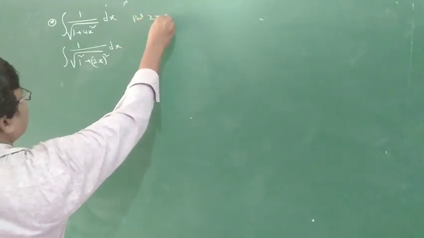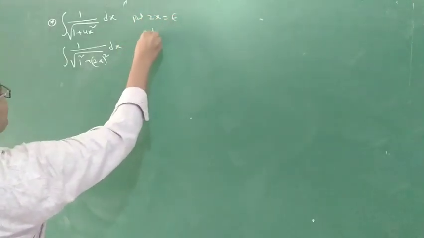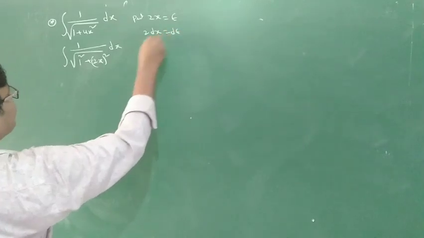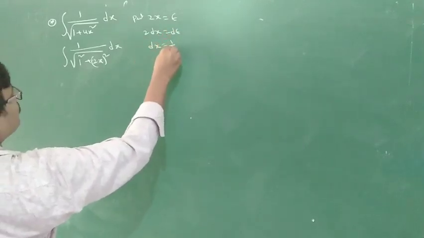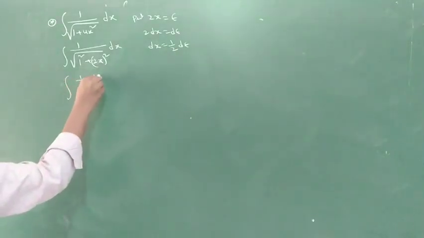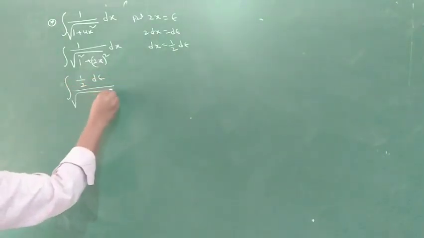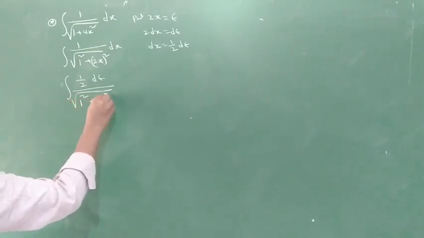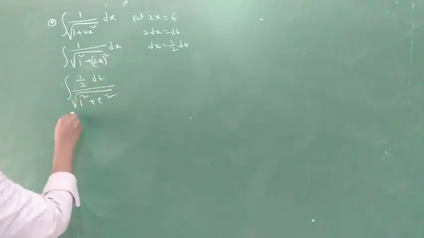Here put 2x is equal to t, 2 dx is equal to dt, dx is equal to 1 by 2 dt. So we get 1 by 2 dt by root of 1 square plus t square. What is the formula?